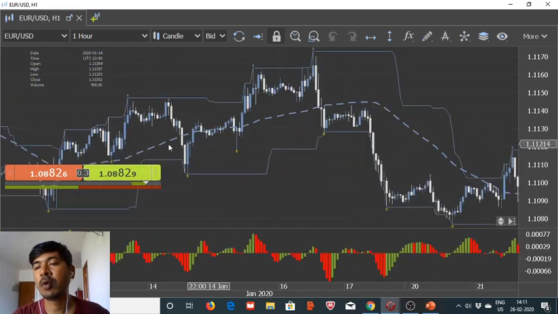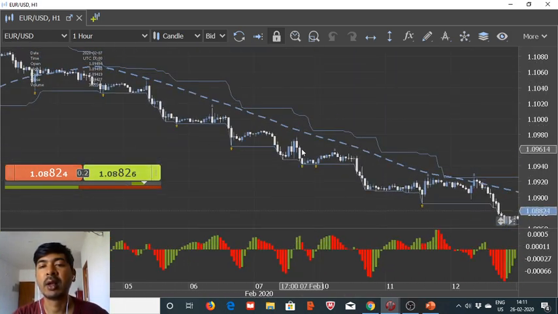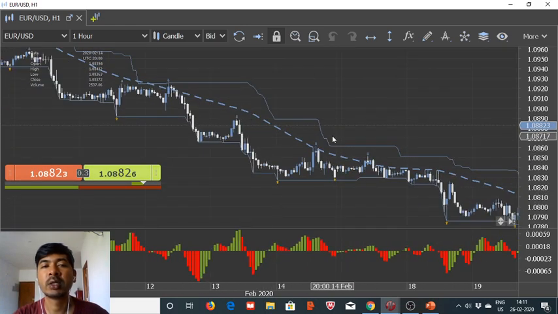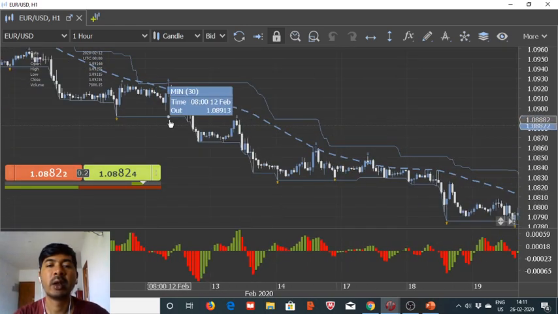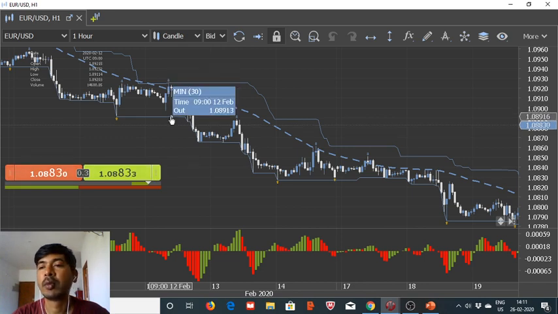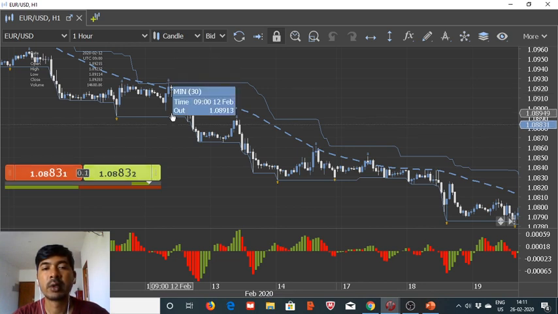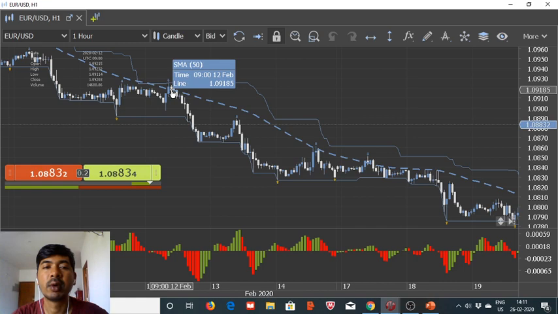So we will go for a 30 pips difference, and if during the test run we feel that the distance is too much, then of course we can bring it down. Now here the minimum value is 1.089, whereas the SMA is at 1.091, so not much of a deviation is there. It's almost around 25-27 pips.